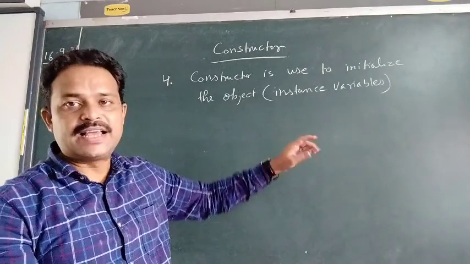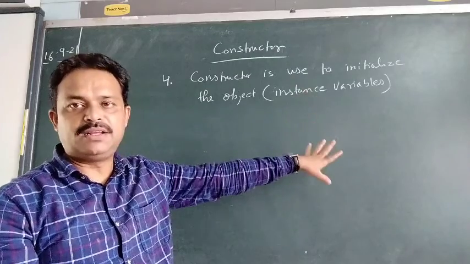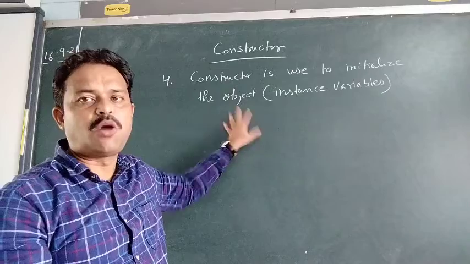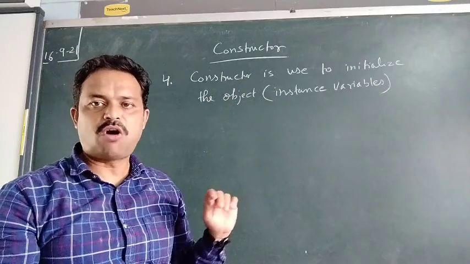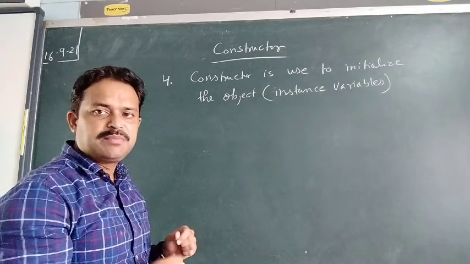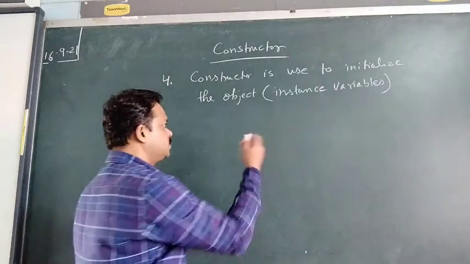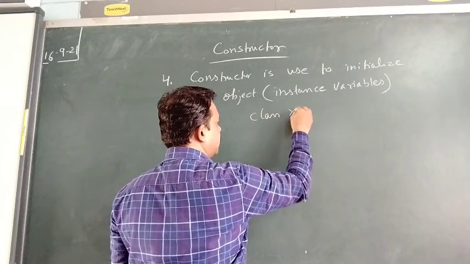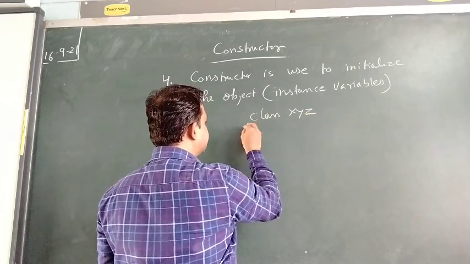See, if you are initializing the instance variable, ultimately you are initializing the object. Let us see how. In order to understand this point, let me take one example. Suppose you have a class XYZ.